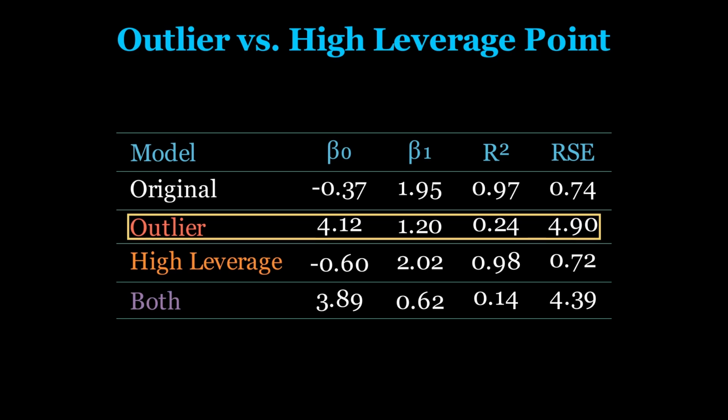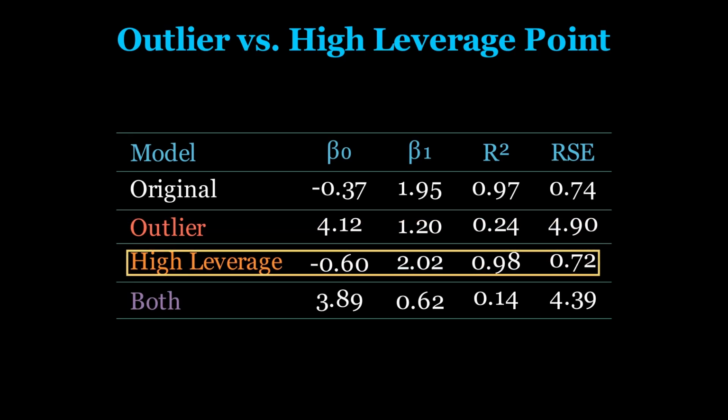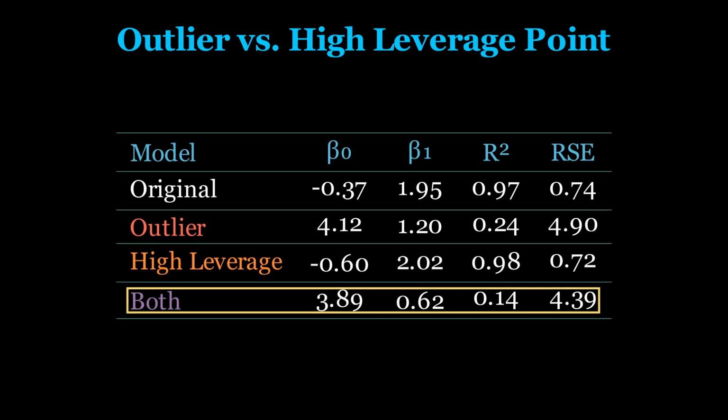Notice how much it changed the intercept, slope, r-squared, and RSE. The high leverage point was not influential, as demonstrated by the fact that it barely changed the fit of the regression line. The point that was both an outlier and high leverage point also had a large impact on the fit of the line, reducing the r-squared from 0.97 to 0.14 and increasing the RSE from 0.74 to 4.39.